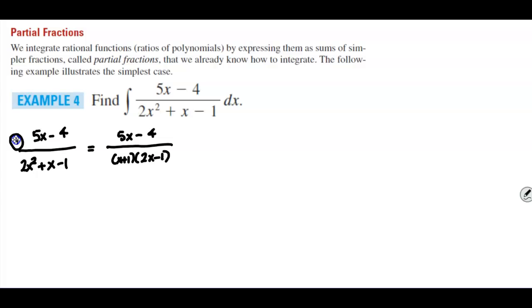Okay? And so then what we can do is say that this becomes A over x plus 1 plus B over 2x minus 1.